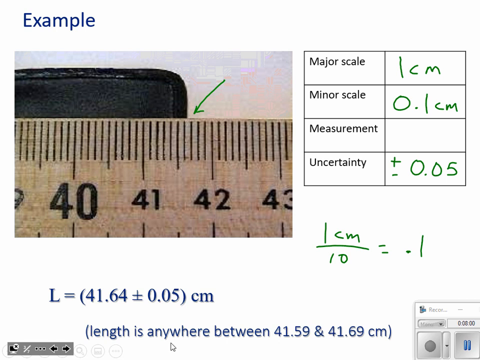So, based on our uncertainty calculation, are you somewhere in that range with your measurement? Anywhere from 41.59 to 41.69. Are you there? Okay. It wasn't too hard to hit in that area, was it? So, that is calculating the uncertainty.